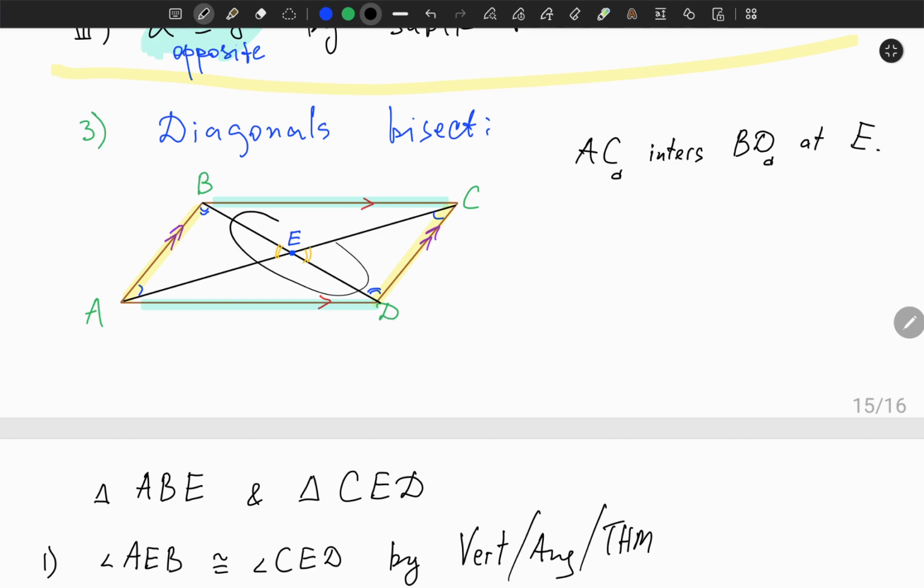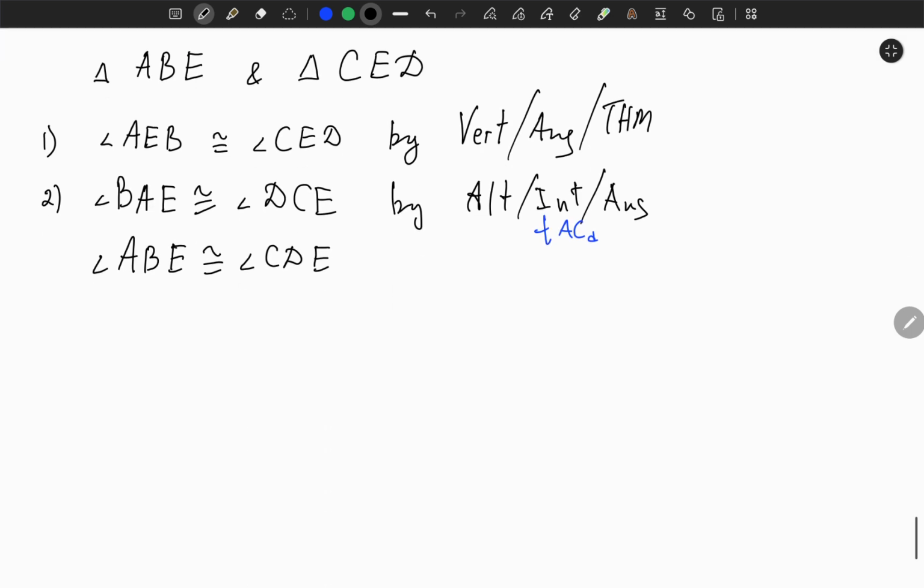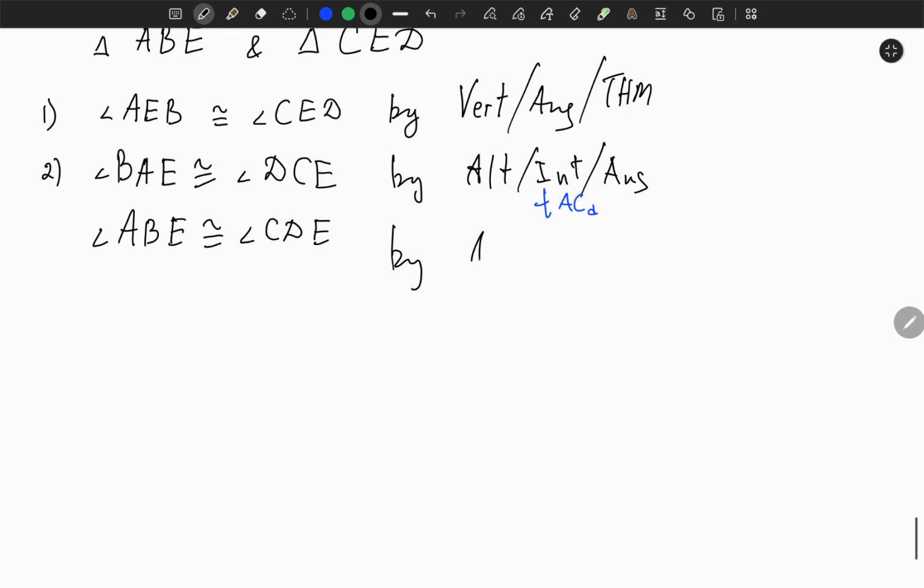Yes, correct, on this transversal BD, by alternate interior angles on transversal BD, diagonal BD.